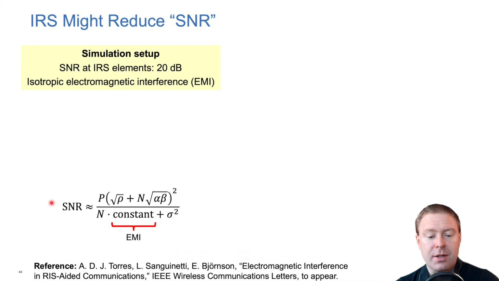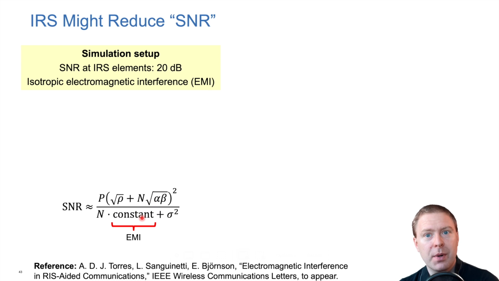So the SNR will contain one component which is the same as before. The transmit power, and then we have the square root of rho, the direct path, plus n times square root of alpha beta. That is what we have for the reflected paths. And then we should divide by the noise power, but also something I call electromagnetic interference, or EMI, which has a certain strength.